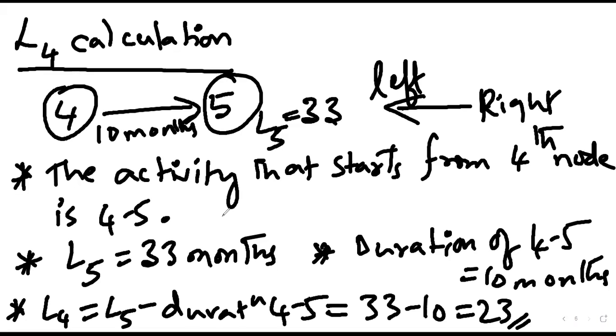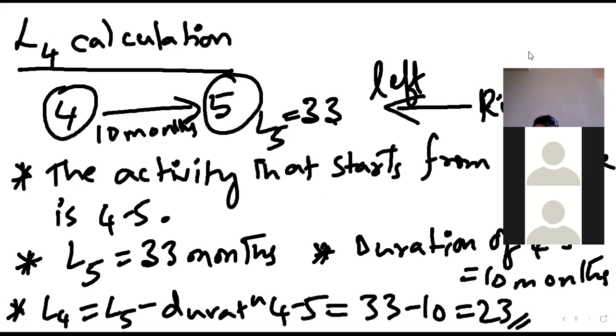So what will be the equation for L3? L5 minus the duration of 3-5. L3 is L5 minus the duration of 3-5. Correct.